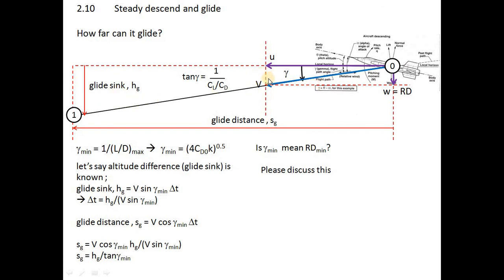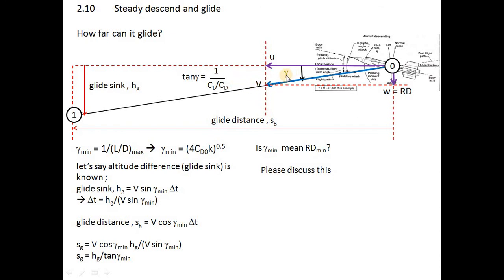So you have to fly at the lowest velocity possible and the smallest gamma possible for you to have the longest time for glide. In terms of glide distance, it depends on the v.